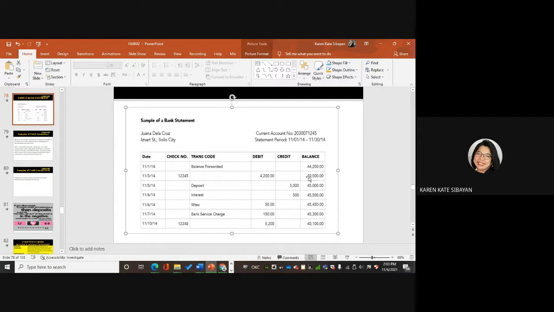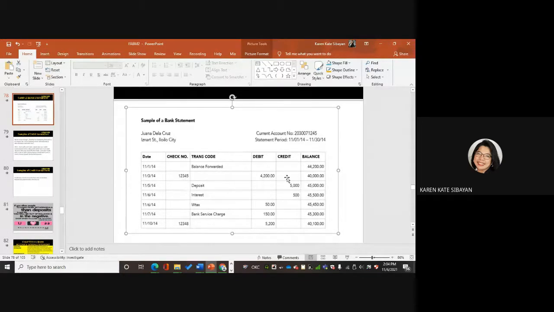Ayan. Usually, sa bank statement class, ang credit, nadadagdagan yung pera mo. Okay? Pag debit, nawawalan ka ng pera. So, in this case, ibig sabihin, may pinadalhan siya na worth 4,200 pesos. Inilagay niya doon sa cheque number 12345.